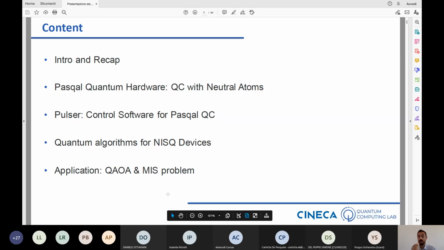We are also going to have a lecture from 12 to half past 12. It is going to be a talk by Professor Leonardo Guidoni about another NISQ algorithm called VQE, the variational quantum eigensolver, which is used for molecular simulations.